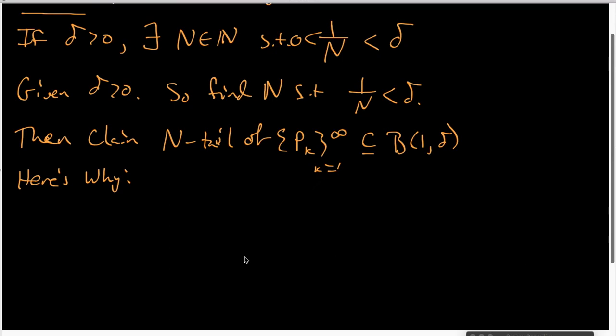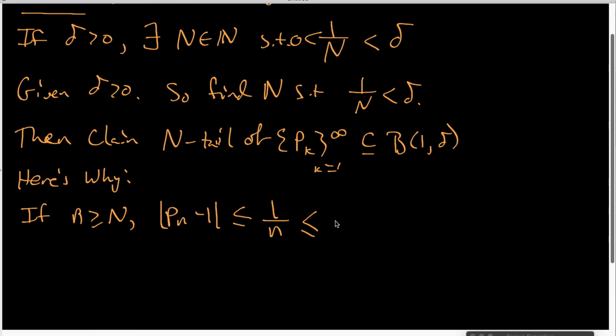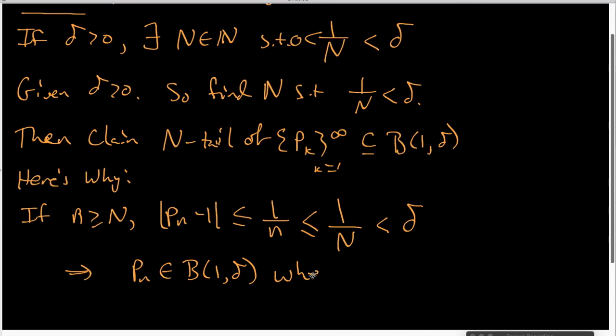We've already seen if n is bigger than or equal to capital N, that the distance between Pn and 1 is less than or equal to 1 over n, and that is less than or equal to 1 over capital N, and 1 over capital N is smaller than delta. And that says Pn is inside my delta ball whenever little n is bigger than or equal to capital N.